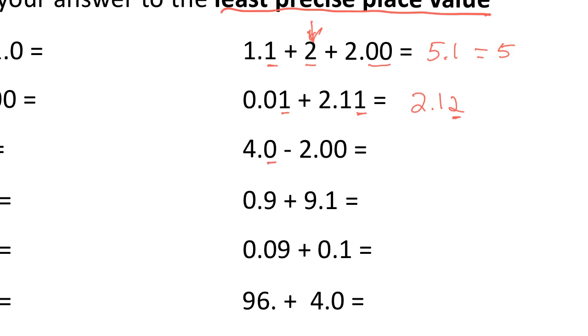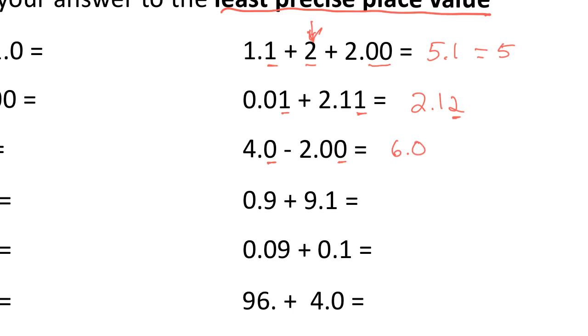Let's do a subtraction one. Here we've got one with a digit in the tenths place and then a digit in the hundredths place. So our answer is going to be to the tenths. So we've got 4.0 plus 2.00 equals 6.00. But we want to have it to only 1 decimal place, so the answer is going to end up being 6.0.